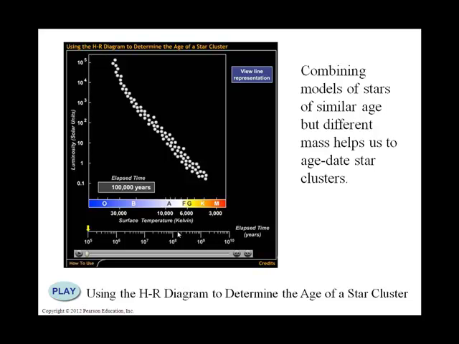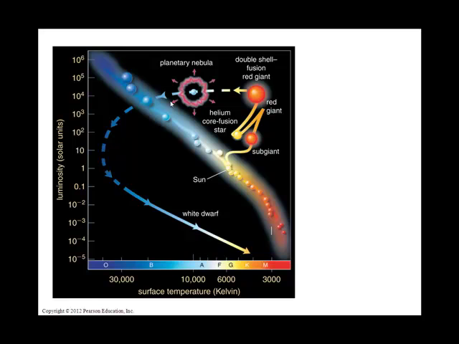And this is just to remind you, I think we looked at this animation back in the previous chapter, that the higher mass main sequence stars will leave the main sequence first, and it kind of peels off over time. So remember, we can use HR diagrams to estimate the age of a group of stars.